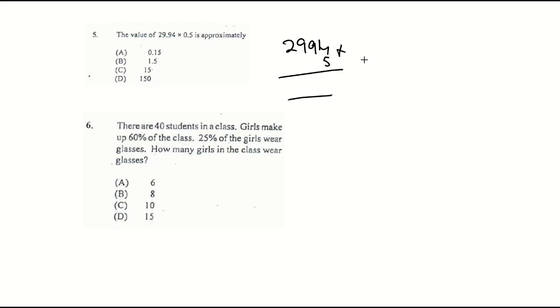You remove your decimal point. 5 4s are 20. 9 5s are 45 plus 2, 47. 9 5s are 45, 45 plus 4 is 49, right? 2 5s are 10, 10 plus, so that's this. Right, then you have to shift your decimal point. 1, 2, 3.